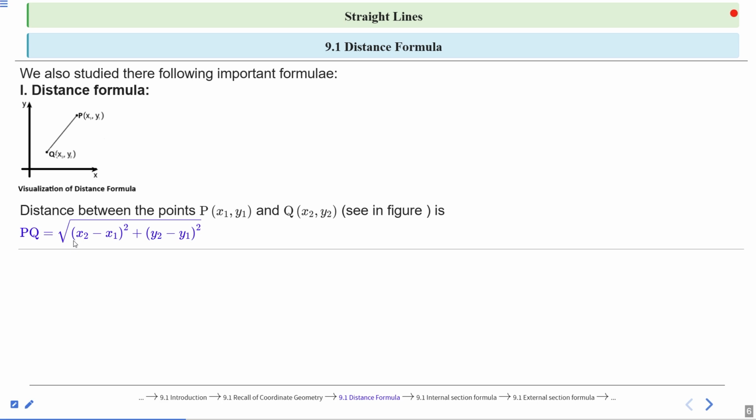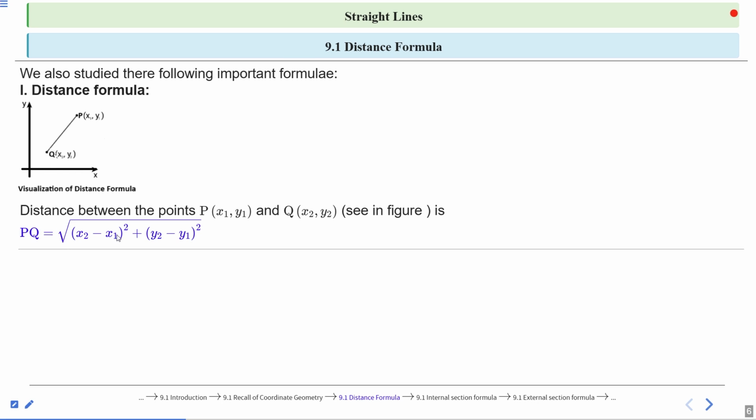So we take (x2 minus x1) whole square plus (y2 minus y1) whole square, and then we take the square root, and we obtain the distance between the points P (x1, y1) and Q (x2, y2) shown in the above figure.